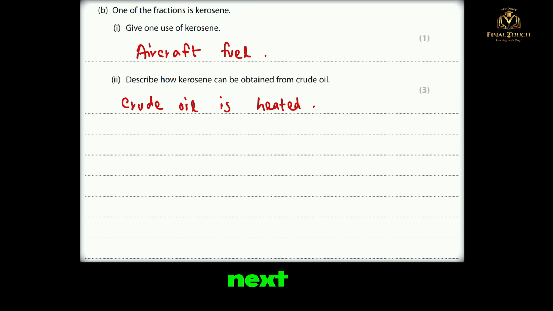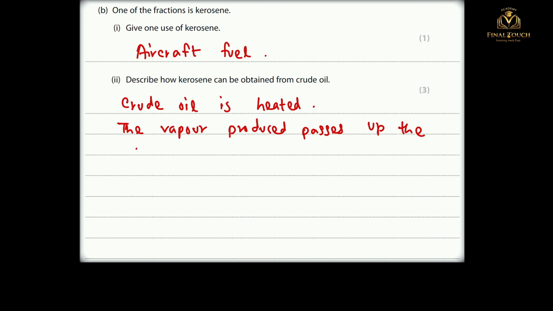Next, the vapor produced passes up the column. You can write fractionating column.